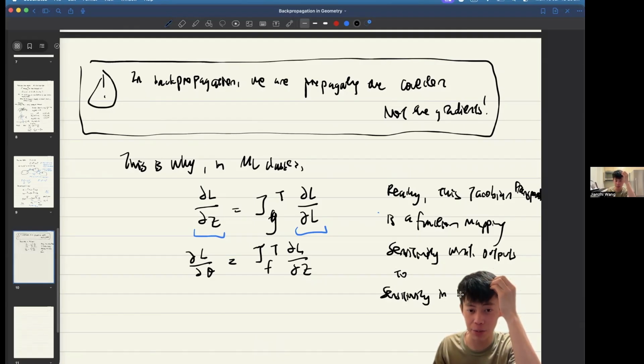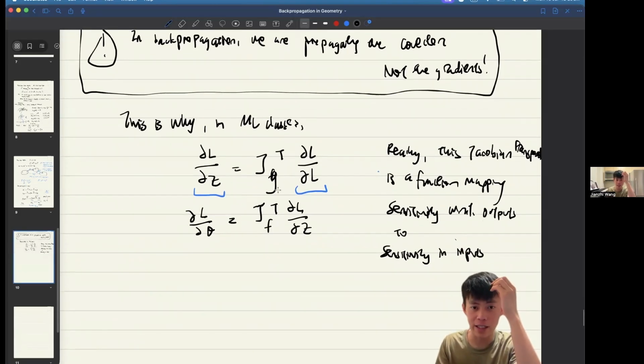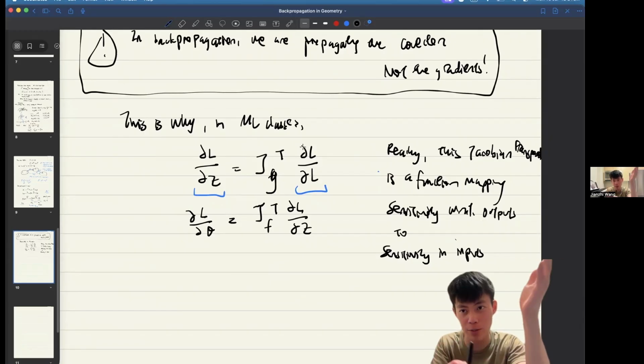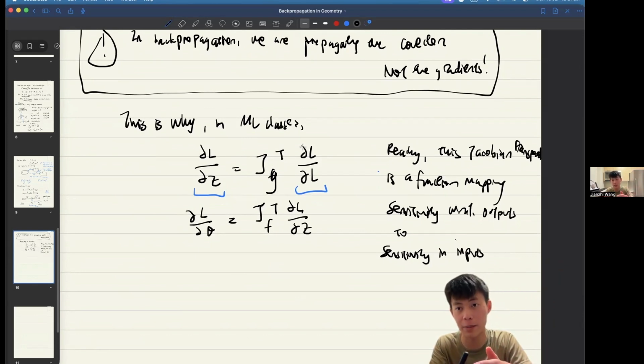sensitivity in inputs. And it is not really a matrix multiplication, right? It is only a matrix multiplication because we have some coordinate system, and in that coordinate system, the Jacobian manifests as a matrix.